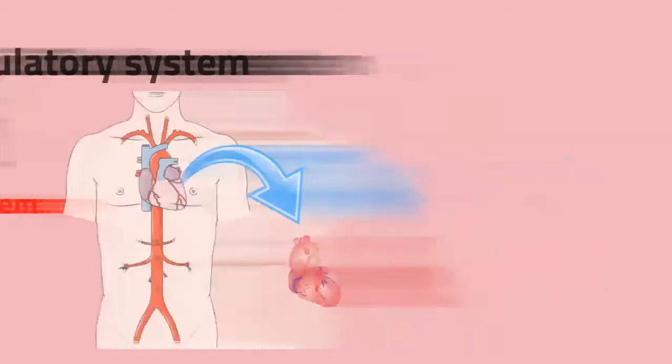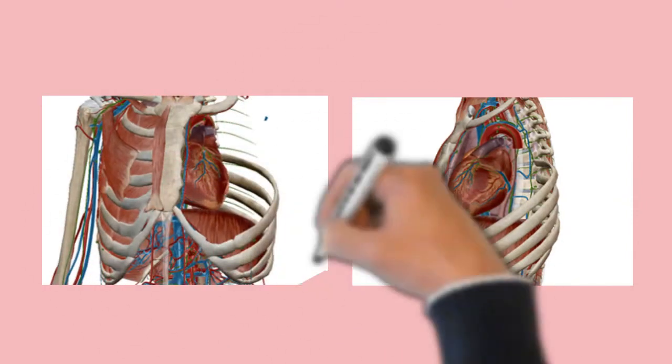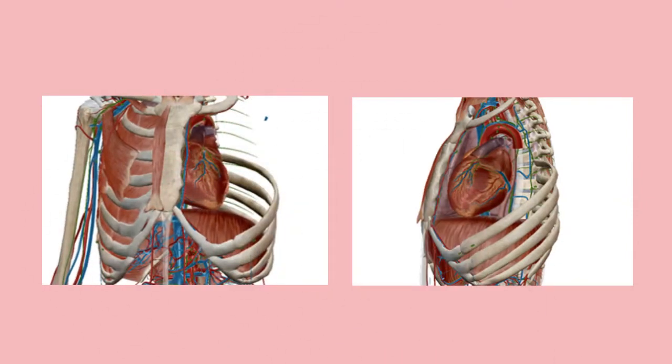The human heart is situated in the middle mediastinum, at the level of thoracic vertebrae T5 to T8. A double-membraned sac called the pericardium surrounds the heart and attaches to the mediastinum.